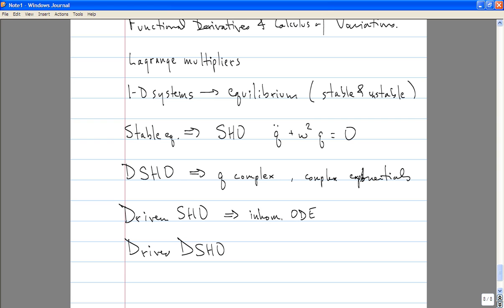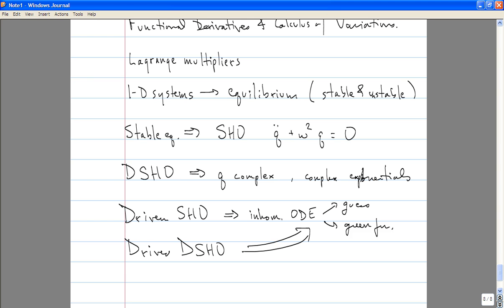And in writing down the particular solution, there are two different things that you could do. You could either guess the solution, or you could use the method of Green's functions. So the Green's function was a very useful method for writing down solutions for the driven harmonic oscillator, and likewise for the driven damped harmonic oscillator.